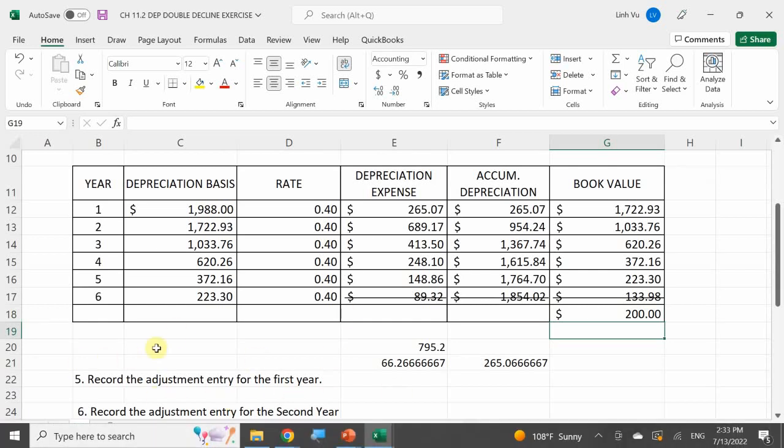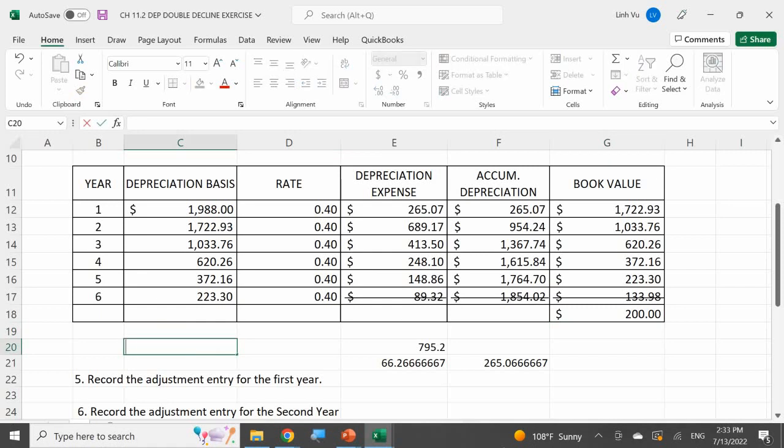Okay, so here's one formula we know, right? Book value, BV, equals asset cost minus accumulated depreciation.